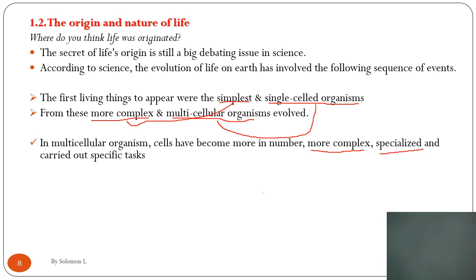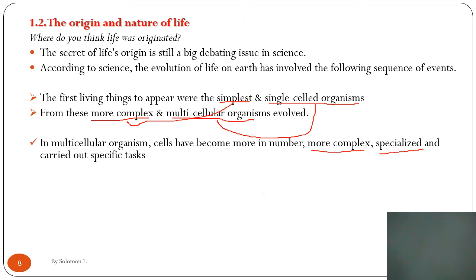For example, in multicellular organisms, organs are made up of related and similar cells, because the cells that make our eyes are different from cells that make our heart, and they are different from cells that make our liver or other organs.